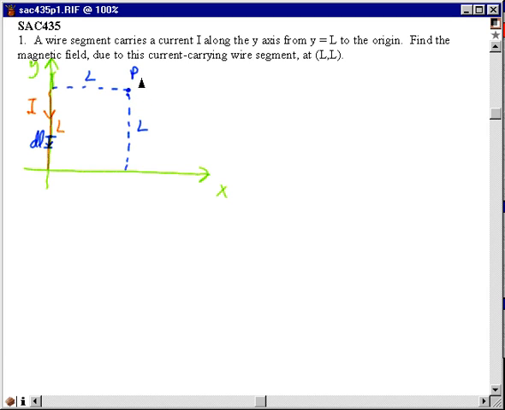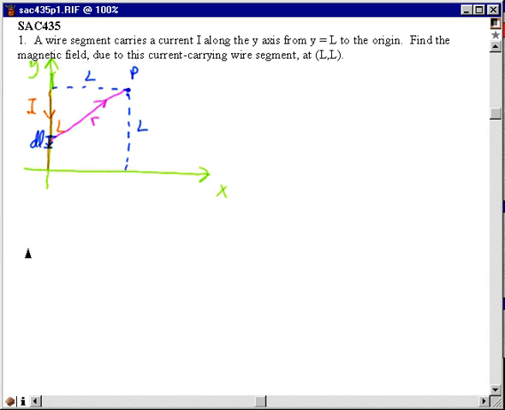You might consider it point P, which depends on how far away point P is and in what direction. Particularly for this configuration, the direction of the contribution to the magnetic field will all be the same. So the main thing that we're concerned with is the distance.